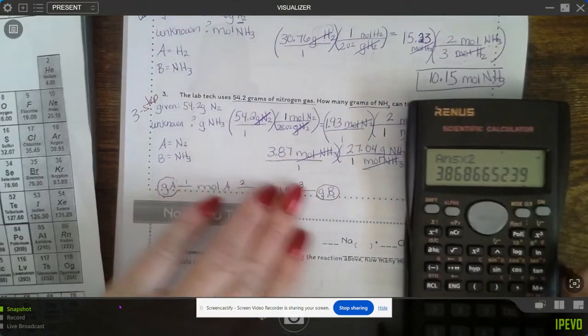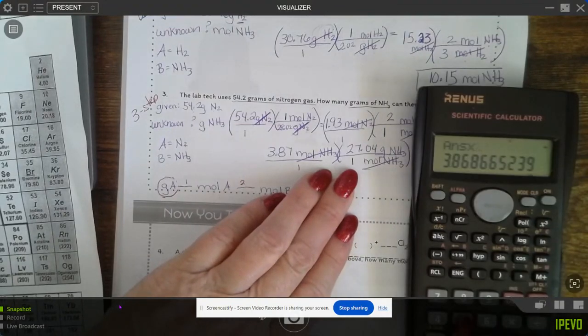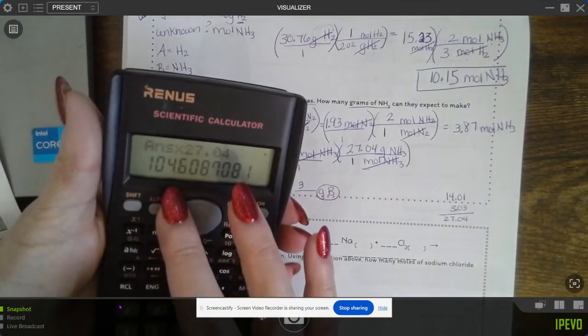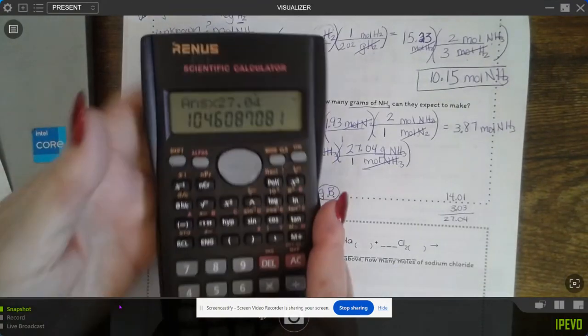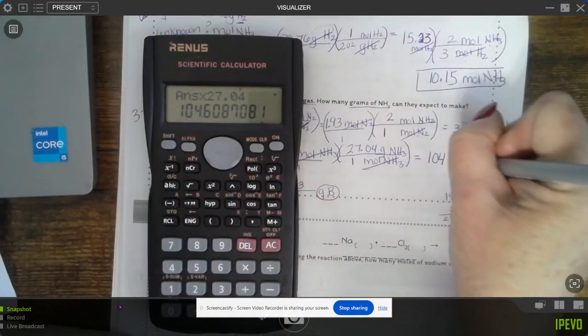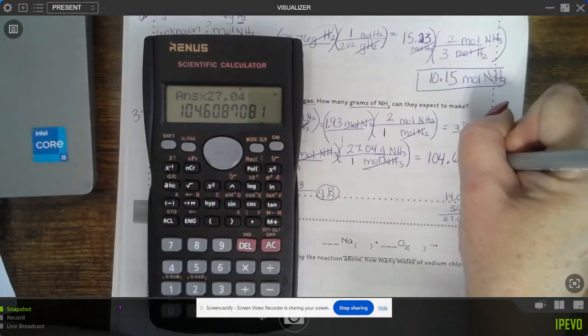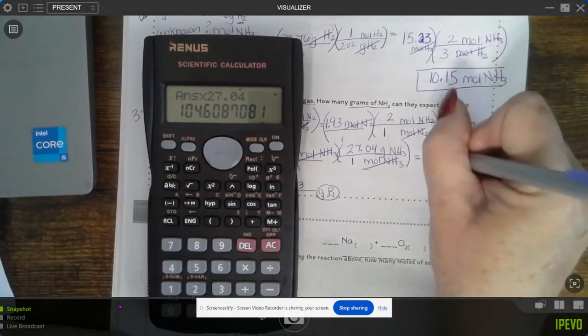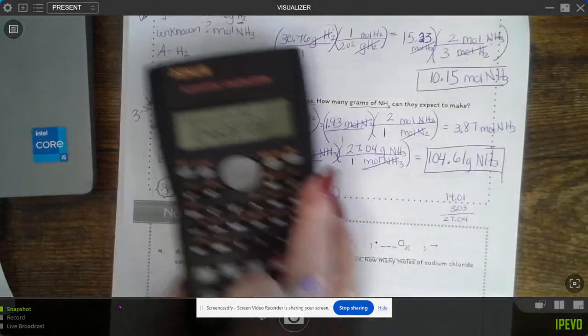I'm going to take my 3.87 times 27.04, and I get 104.61 grams. So here we go, 104.61 grams of NH3. That is our final answer.